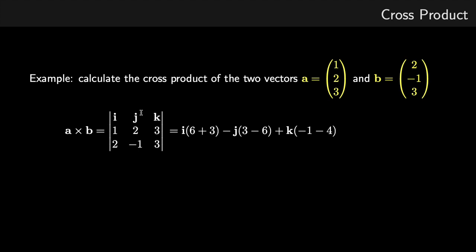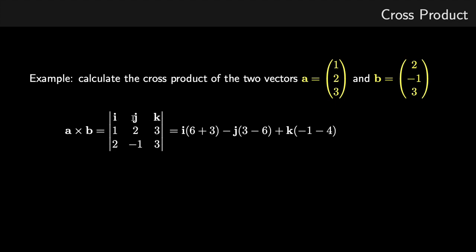If I block off the first row and second column, that leaves me with the 2 by 2 matrix (1, 3; 2, 3). The determinant is 1 multiplied by 3 minus 3 multiplied by 2, which gives me minus 3. But remember, when dealing with determinants, if the row number plus the column number is odd, we multiply by minus 1, so don't forget that step.